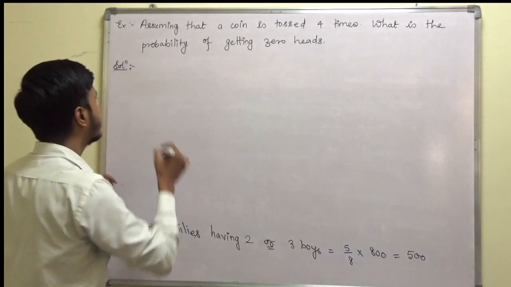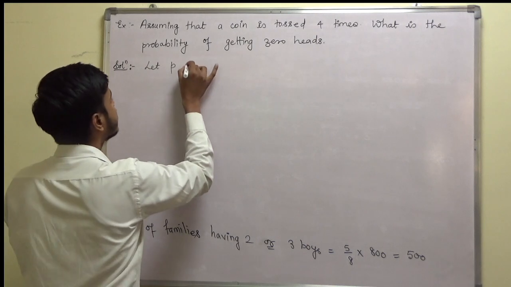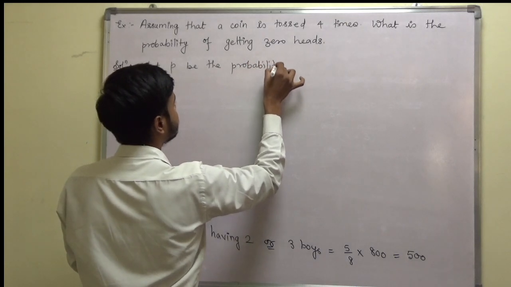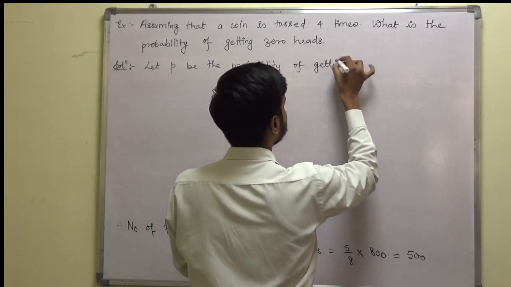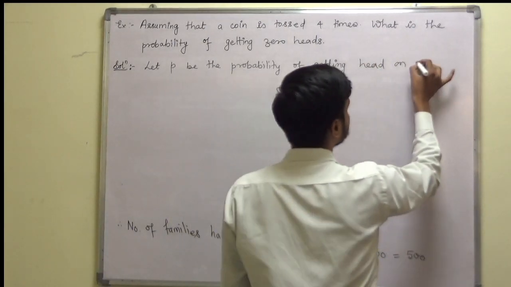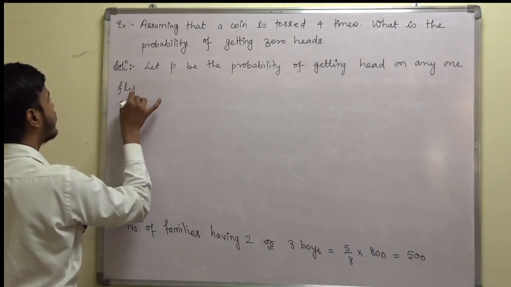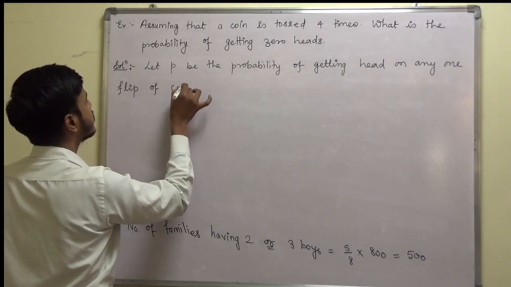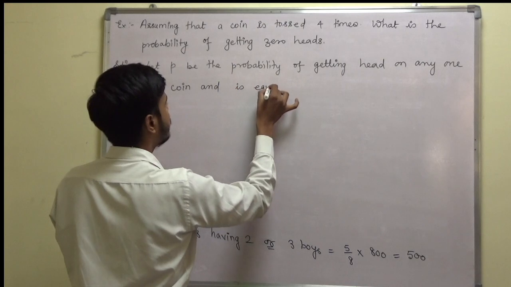Okay, so let P be the probability of getting a head on any one flip of the coin, and obviously it is equal to 1/2.